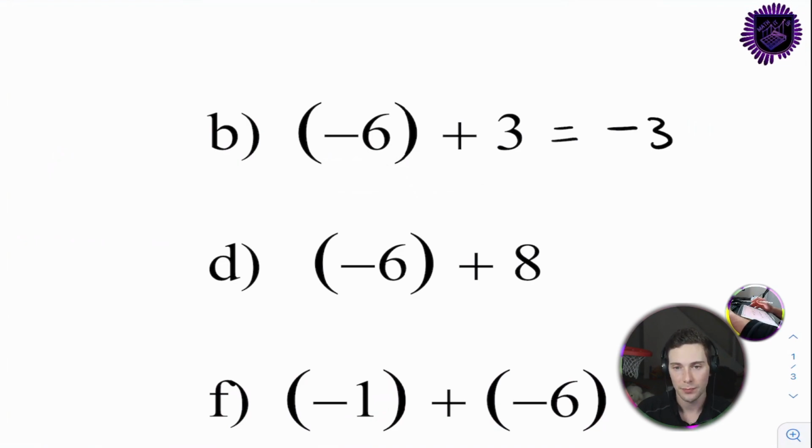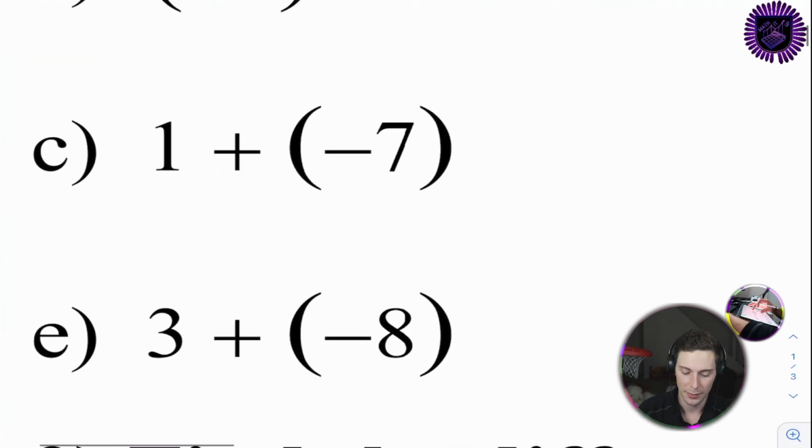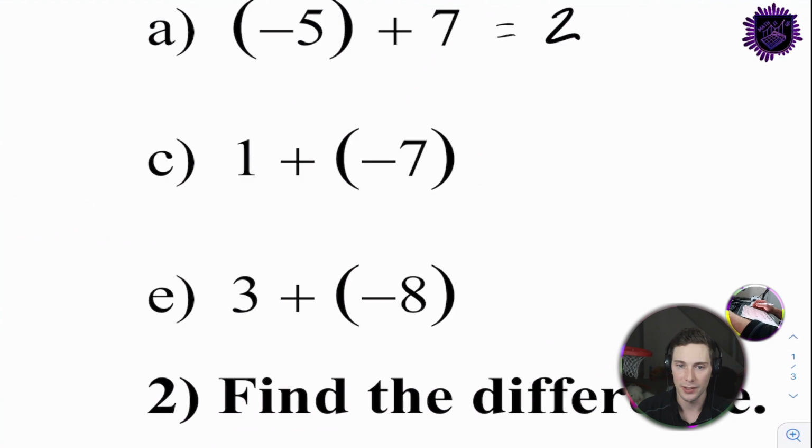So you could also think of it as starting at negative 6 and moving to more positive on the number line, but when the signs are different and you're adding, you can find the difference between these two numbers. So 1 and negative 7, the difference is 6. The biggest number is negative, so it's going to be negative 6.